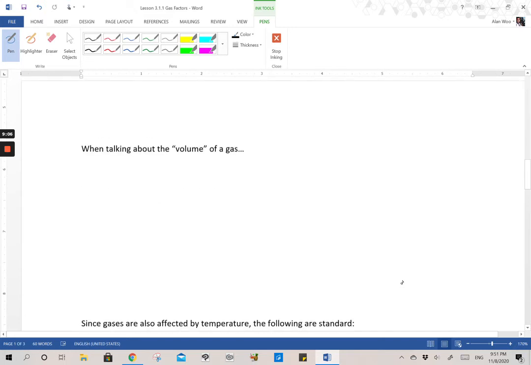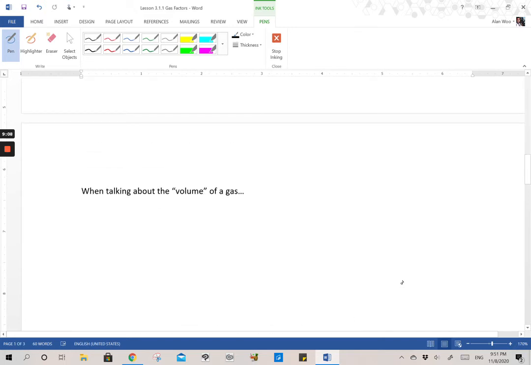So again, just to reiterate, when you're talking about a volume of a gas, okay, we know a couple of things about gases already. The volume equals the space occupied by the gas.